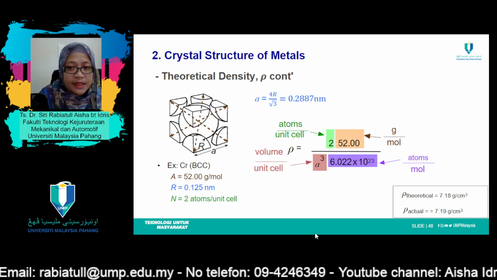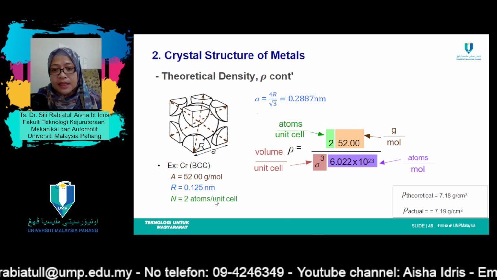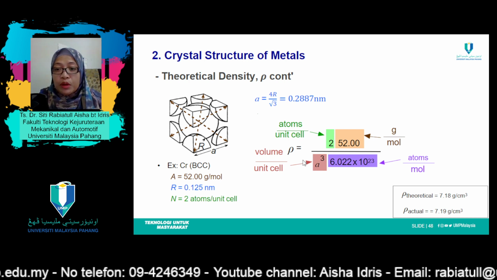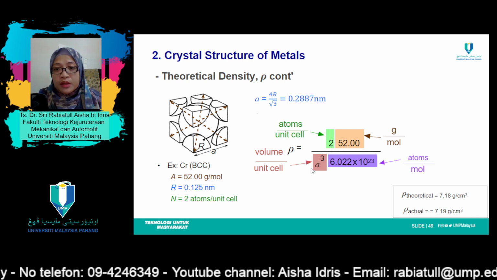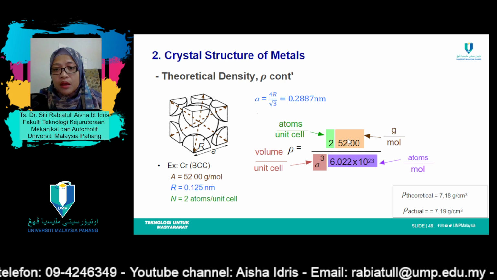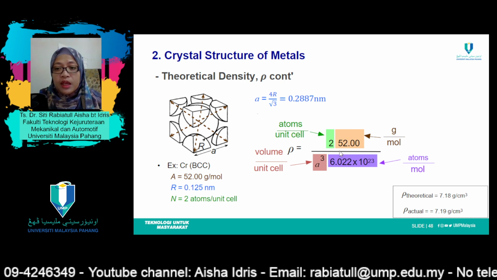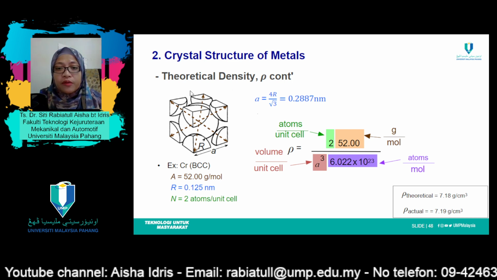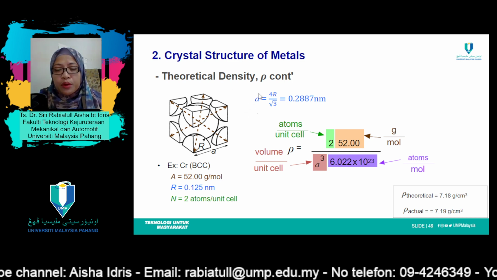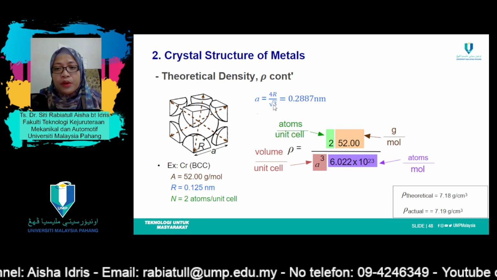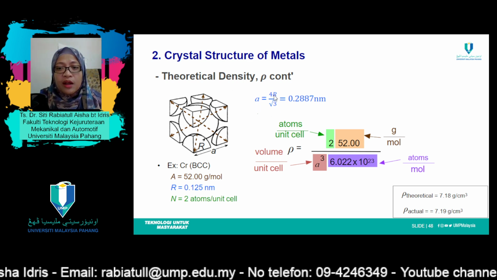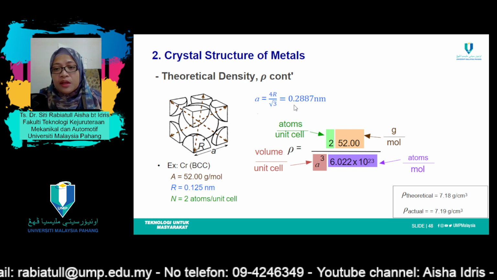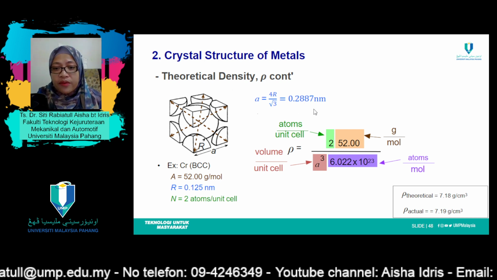Okay, let's see the example in BCC over here. By using the formula mentioned to you just now, I think you can just straight away key in the information. And for the atomic radius for this crystal structure, you already learned how to find the relation between a and R. So from there you can just rearrange it a little bit, and you should be able to get this value.